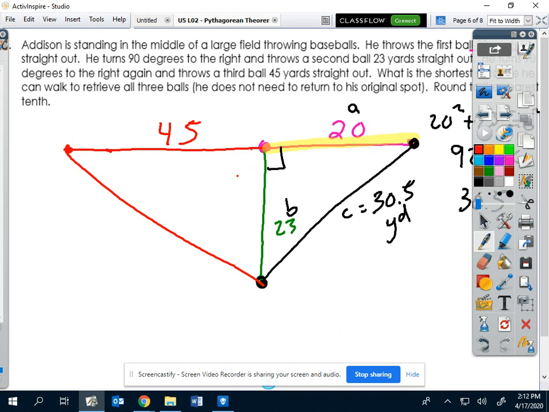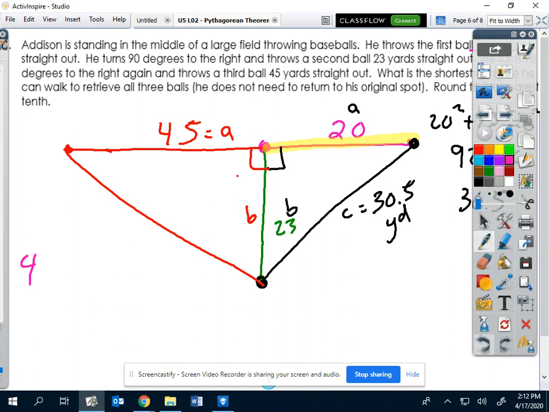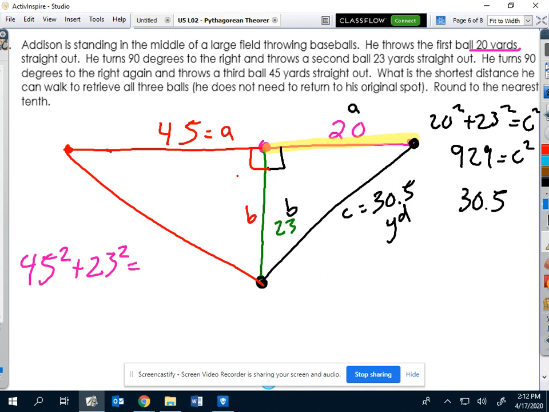From there, I want to again walk straight this way, okay? So another right triangle, have my A, we'll call this A again, and we'll call this B again. This is still my B value here. So my new equation for this distance is going to be 45 squared. Oops, careful. 45 squared plus 23 squared equals my C squared.